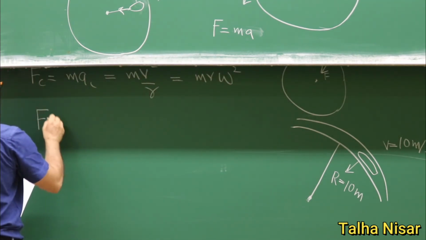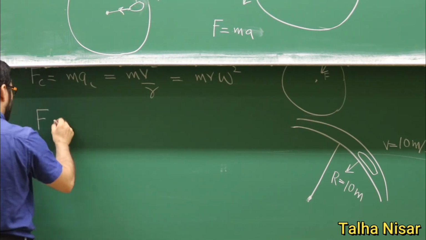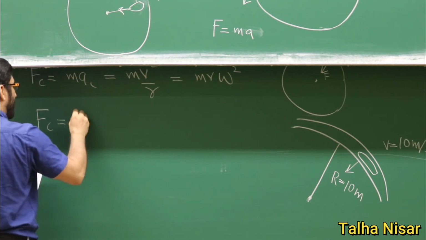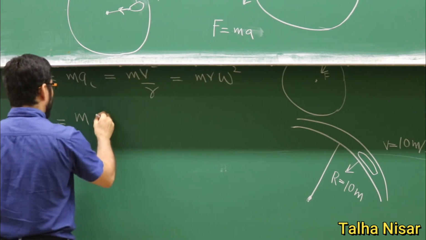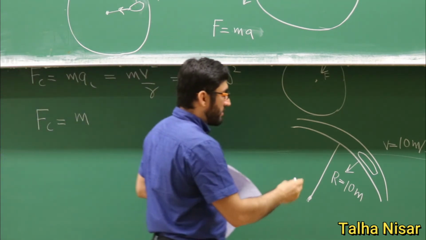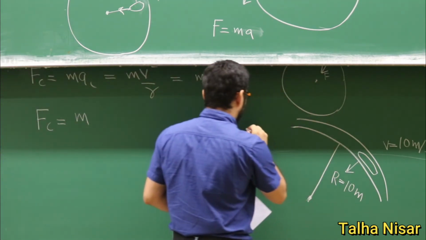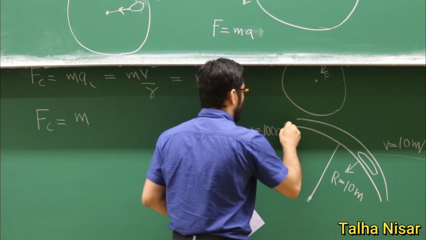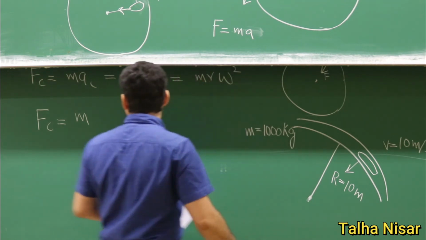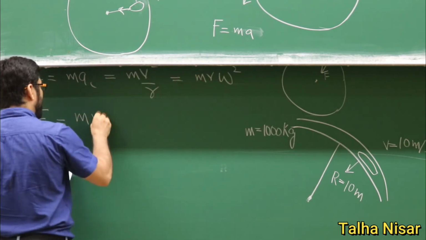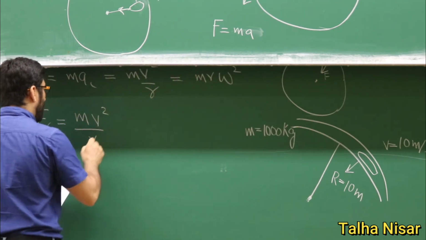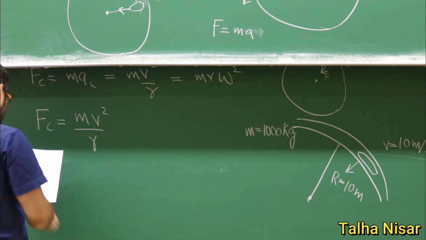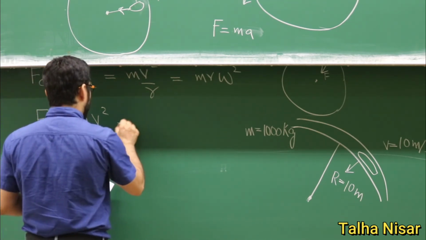So we know the same relation: Fc equals m v squared divided by r, where the mass is 1000 kilograms. This is the centripetal acceleration, the centripetal force.